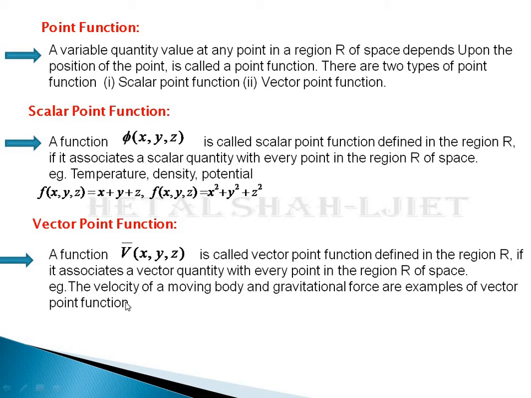As you know, they depend on the directions. So we divide point functions into two types, scalar point function and vector point function. These are the definitions and examples of scalar point function and vector point function.